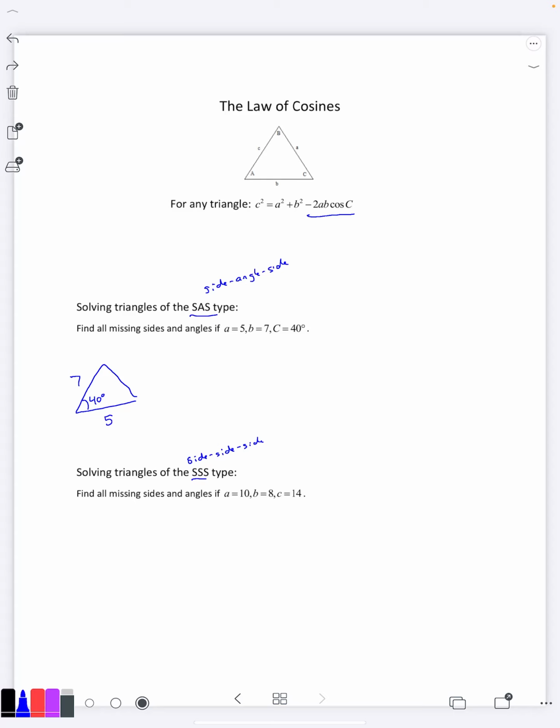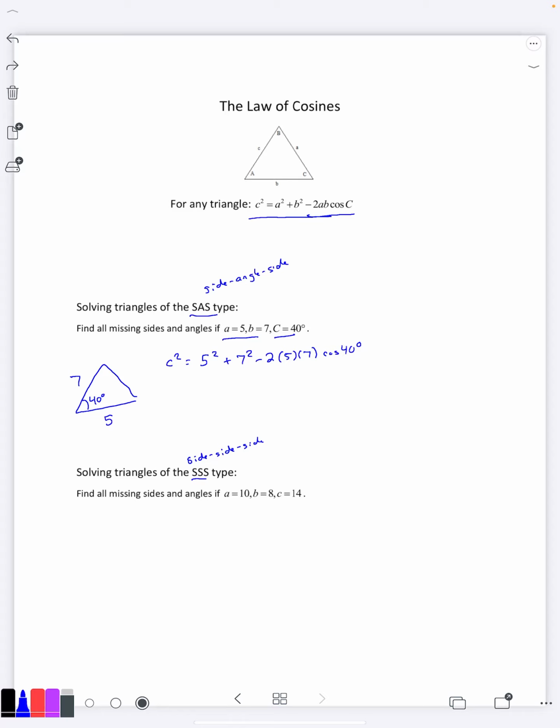So we start out by saying, okay, we have my a and my b and the angle between them. So we're going to use the law of cosines here. So it says c squared is a squared plus b squared minus 2 times a times b cosine of the angle between them, cosine of 40 degrees.